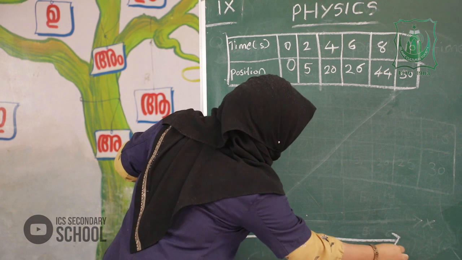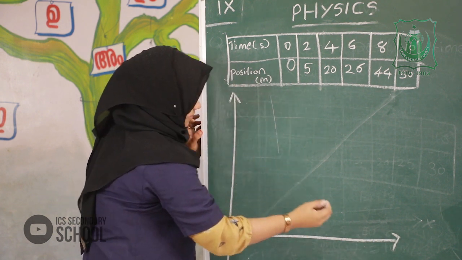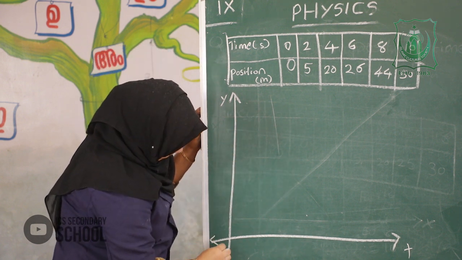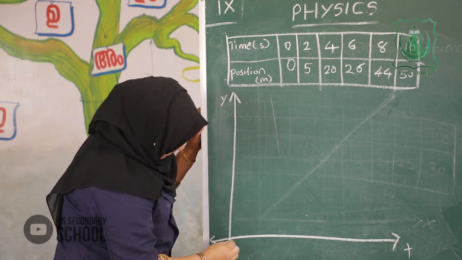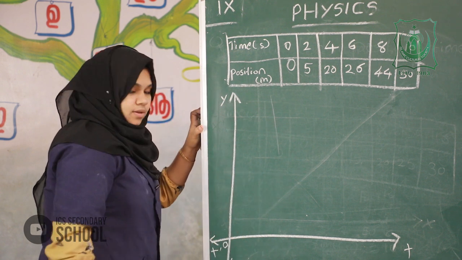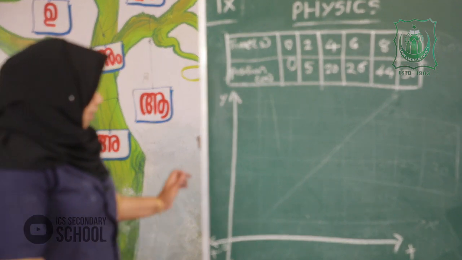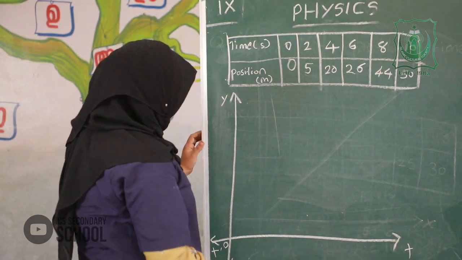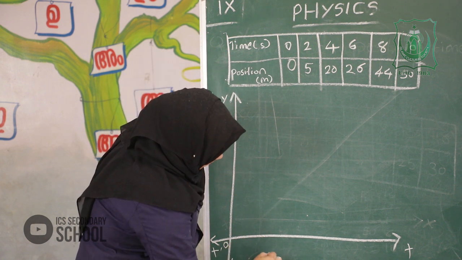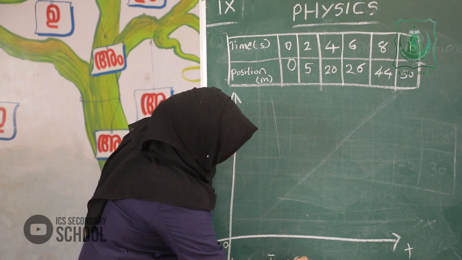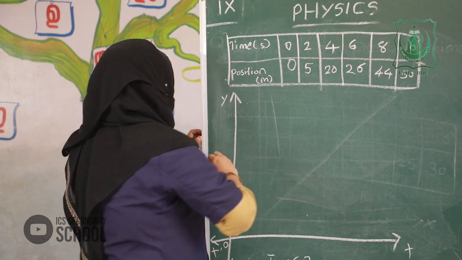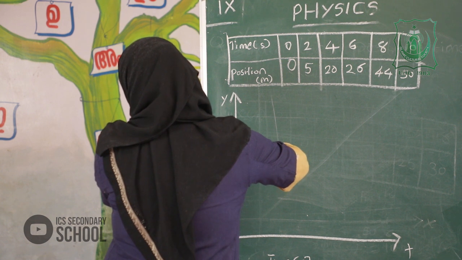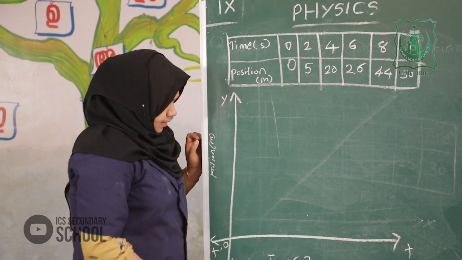First we draw the x-axis, then the y-axis, X'OX and Y'OY, where this point is O. First we mark time in seconds on the x-axis, then position in meters on the y-axis.